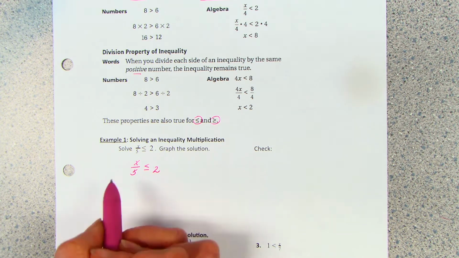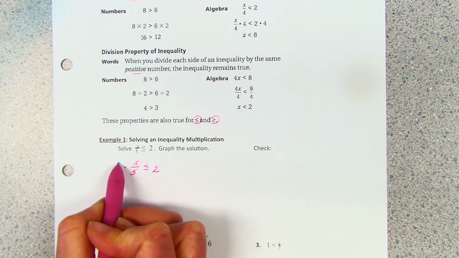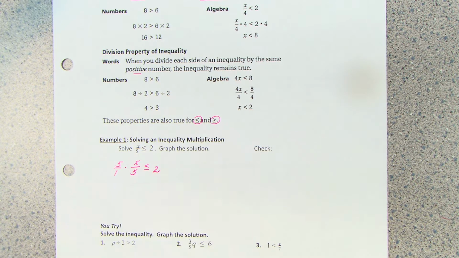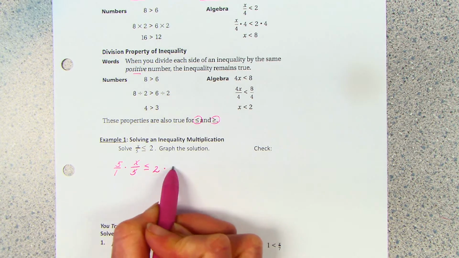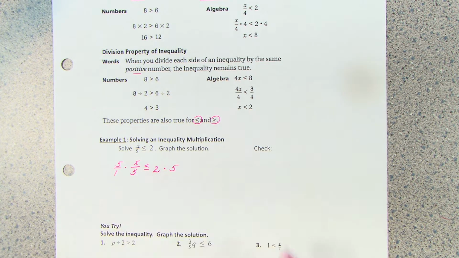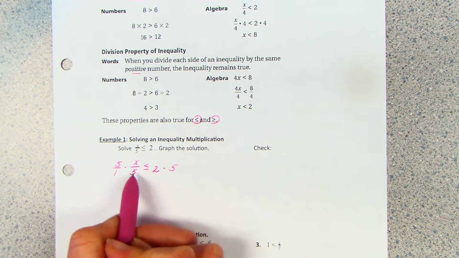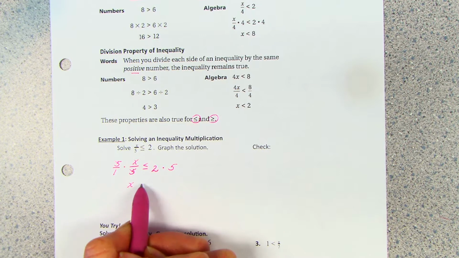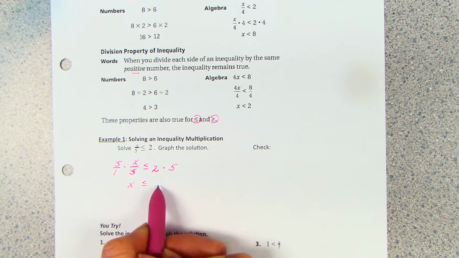Or mathematically, we talk about multiplying by the reciprocal. So instead of dividing by 5, I'm multiplying by 5. And on the other side, I do that. Then the 5s will cancel out, leaving me with just x is less than or equal to 10.